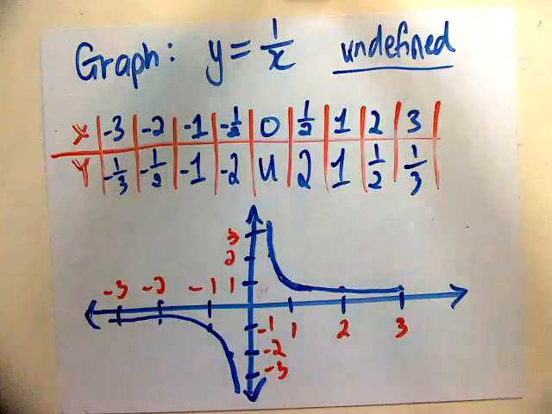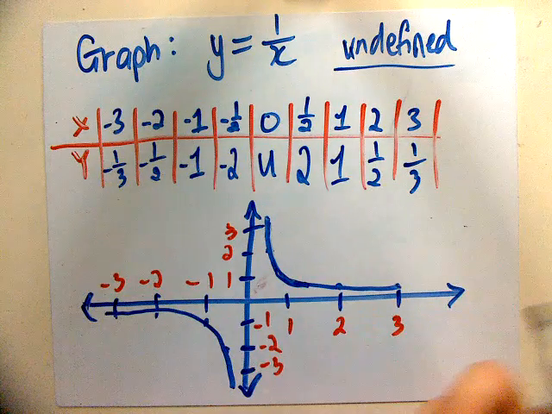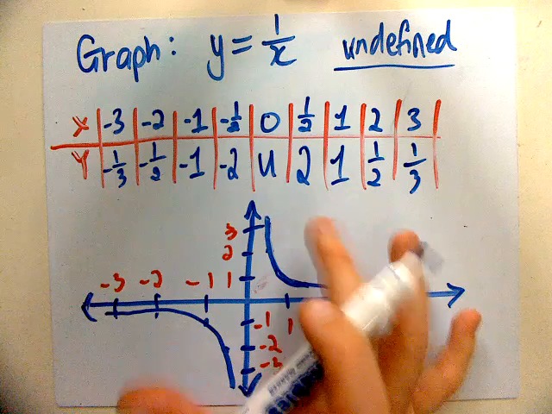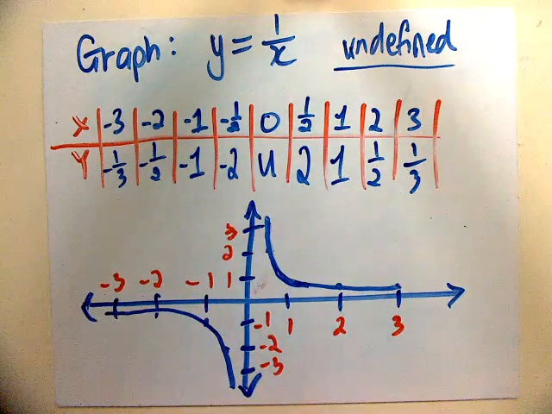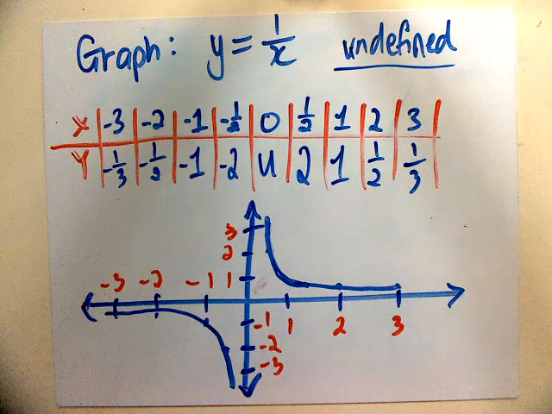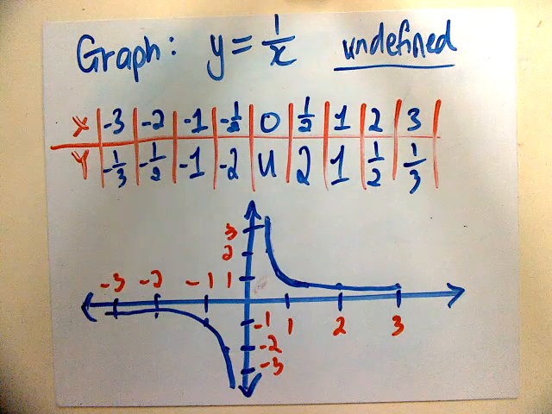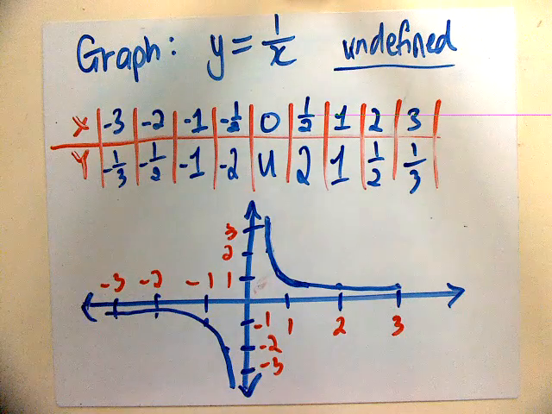Now, the thing with hyperbolas is these two are going to be essentially the exact same. They're just going to be mirrored diagonally across there, as you can see from what's happened with this table of values.